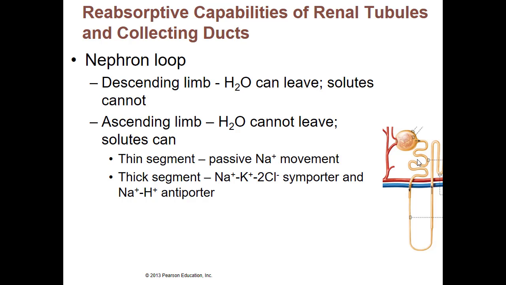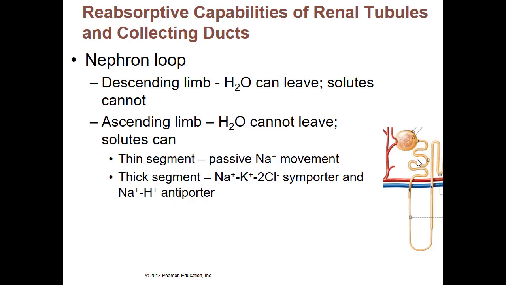And so water can leave because there's lots of aquaporins, but it doesn't have a lot of channels for other things to leave. And when we go into the ascending loop, again, you've got a thin area and you've got a thick area. The thin segment has lots of sodium channels for reabsorbing sodium, and the thick segment has additional carriers for moving things together. We can move sodium and potassium together as well as chloride ions.